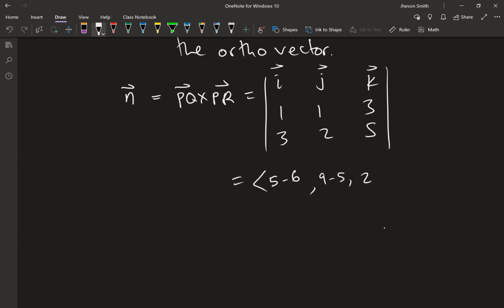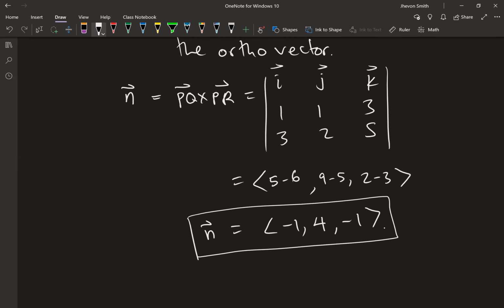And then 2 minus 3. And that's going to be your guy. That is a vector that is orthogonal to that plane.